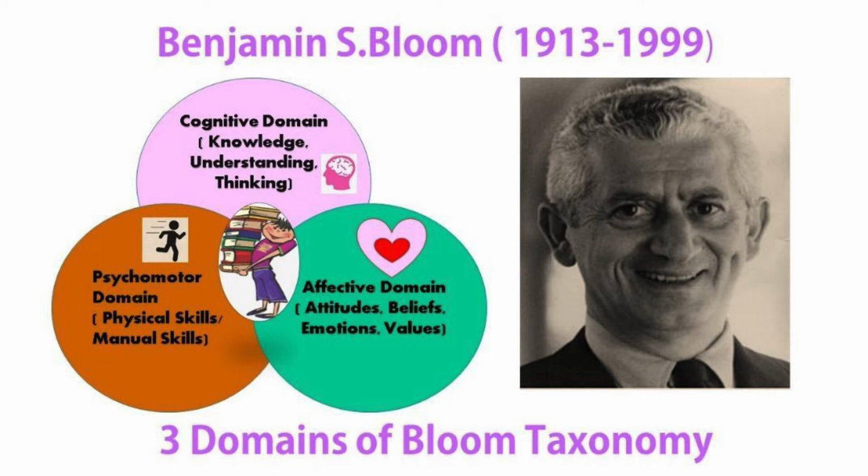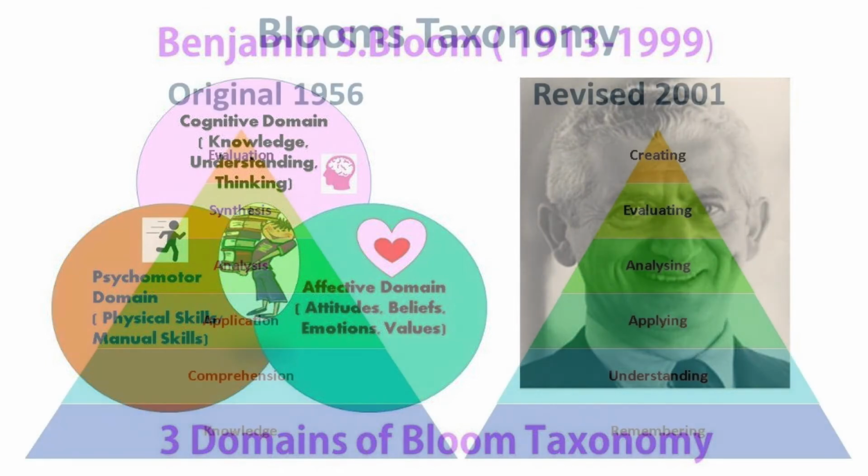In the first version, the cognitive domain is ordered in six levels, namely knowledge, comprehension, application, analysis, synthesis, and evaluation. In the revised version, it is remembering, understanding, applying, analyzing, evaluating, and creating.